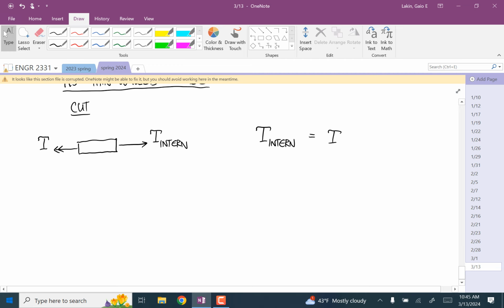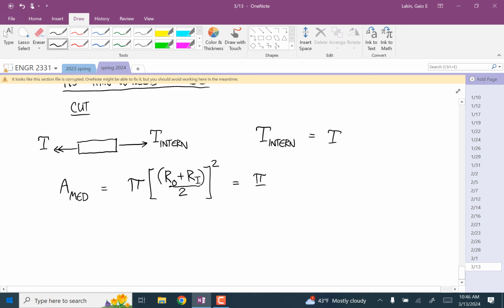The median area is pi times the median radius squared. So that's going to be pi times our outer plus our inner over 2, the average of those two, squared.